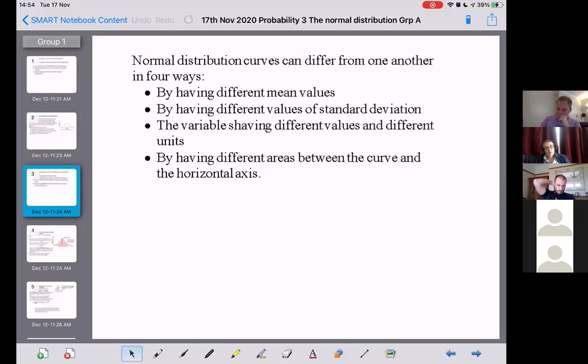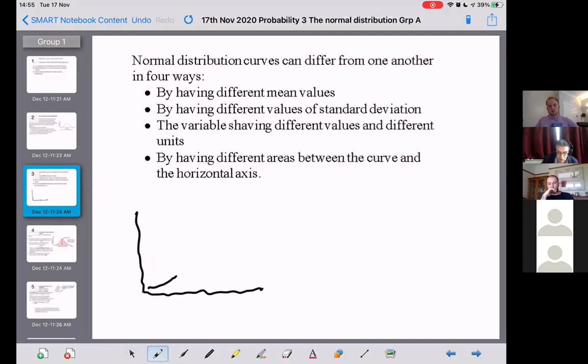The variables can have different values and different units, so they can be different in that respect, and there can be different areas between the curve and the horizontal axis. What we're saying there is, because a lot of what we're going to do is about the area underneath the curve, we could have a normal distribution like so.